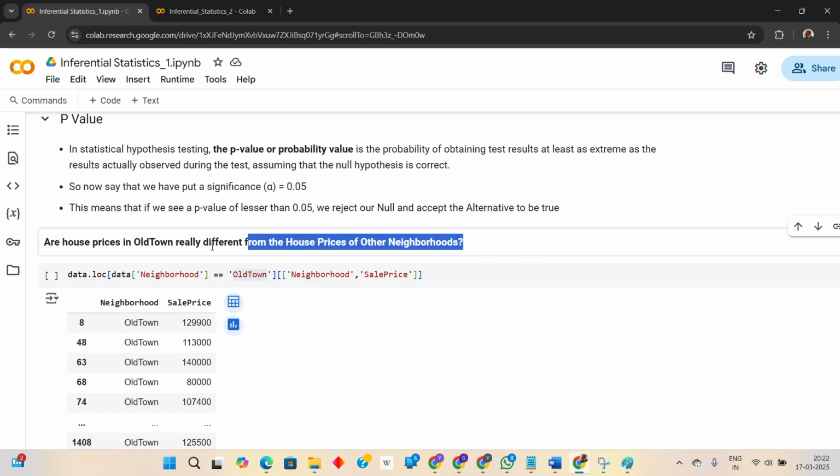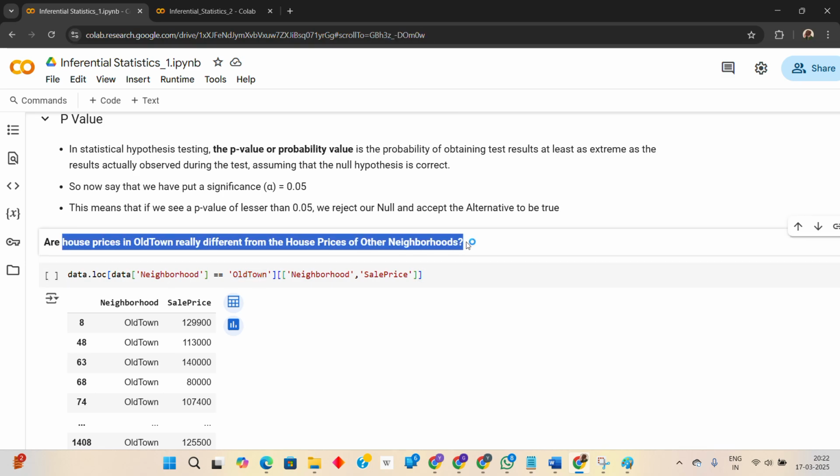That means we want to test whether they are really different, which indirectly says usually they are the same. The house price in Old Town and the house price in another neighborhood like Somerset are equal. The question itself is stating that these two prices are equal. That is the null hypothesis.